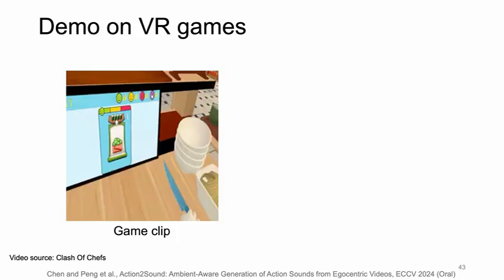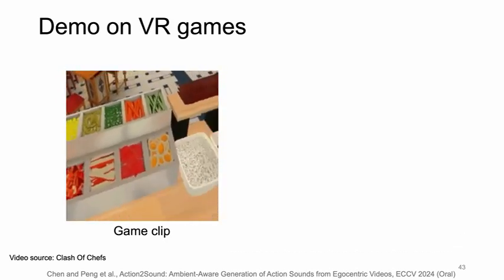For this project, I started by motivating with applications on generating sound effects for AR VR games. Can we do that? To understand how well it does, I tested my trained model on some VR cooking games called Clash of Chefs, where the recordings are also egocentric. So here is a game clip.